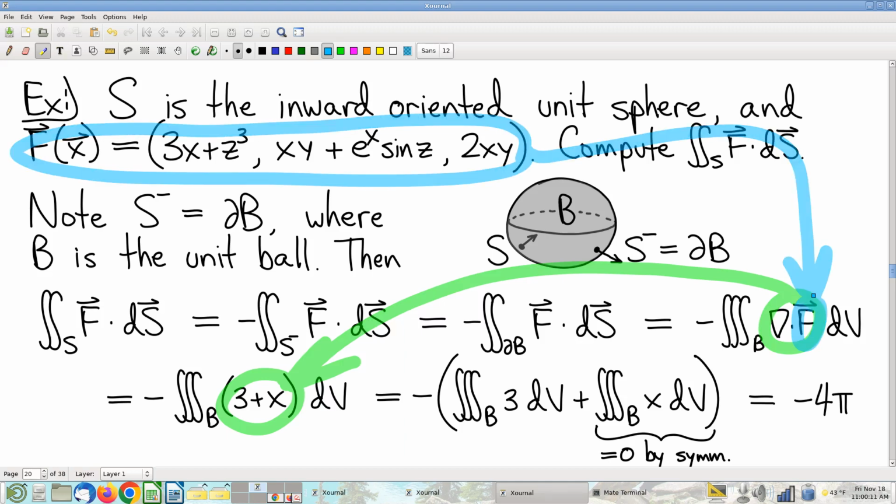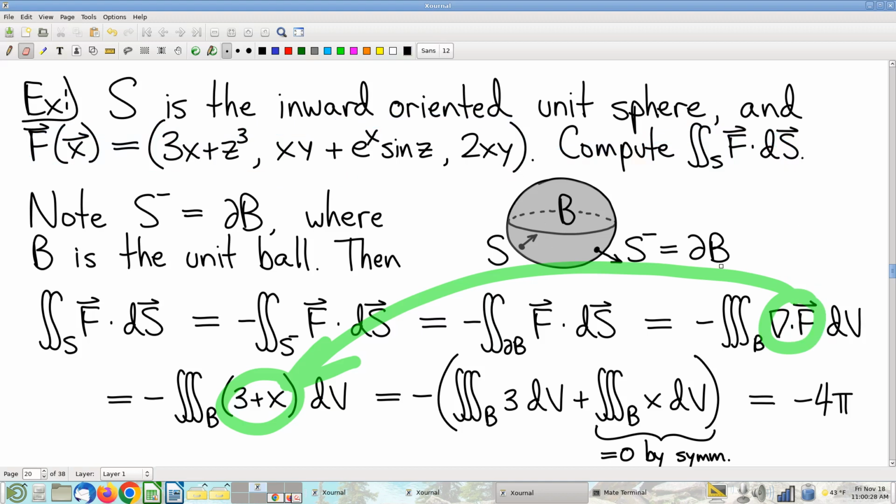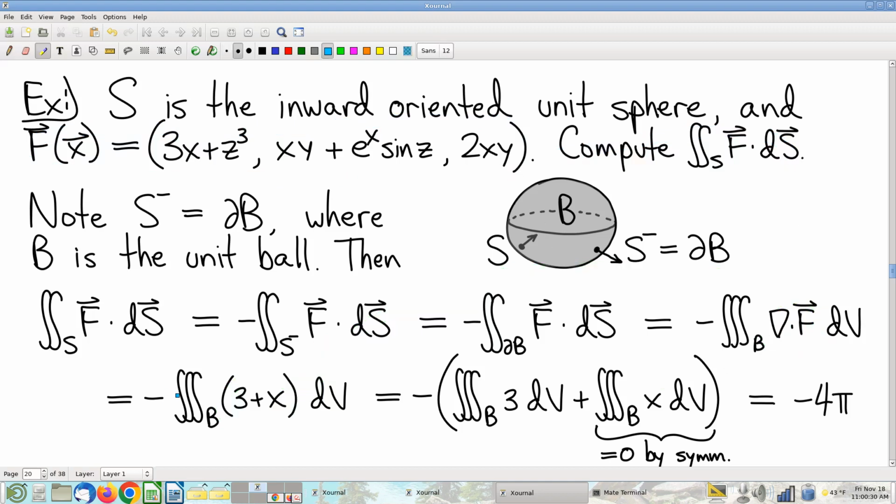You've got to take this big formula and take the x partial of the first coordinate and the y partial of the second coordinate, etc. Add it all up. So computation to be done there. Again, make sure you can do that. And now we've got ourselves a much less scary integral looking at here. 3 plus x, not that bad.